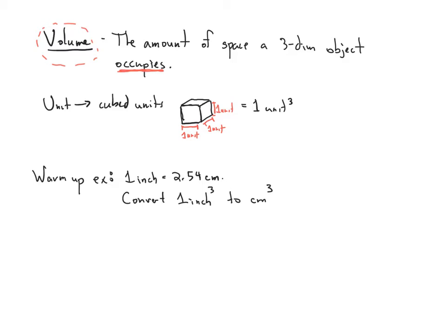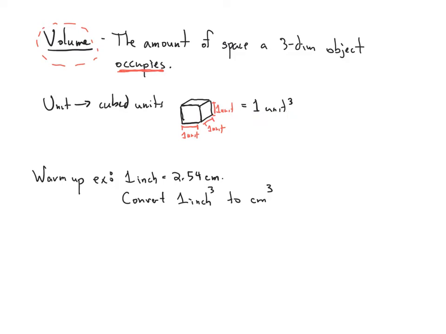So the best idea to talk about volume is to think of it as the amount of space that a three-dimensional object occupies. And just like all the other measurements before, the best we can do is compare it to something. And the things we compare it to are usually cubes. We're in 3 dimensions, so the object we need to compare something to is a 3-dimensional object. So we use these little 1 unit by 1 unit by 1 unit cubes. And so it's 1 unit cubed.